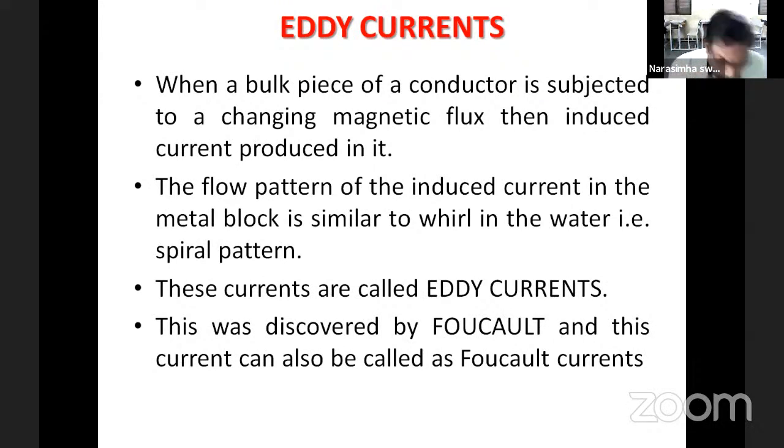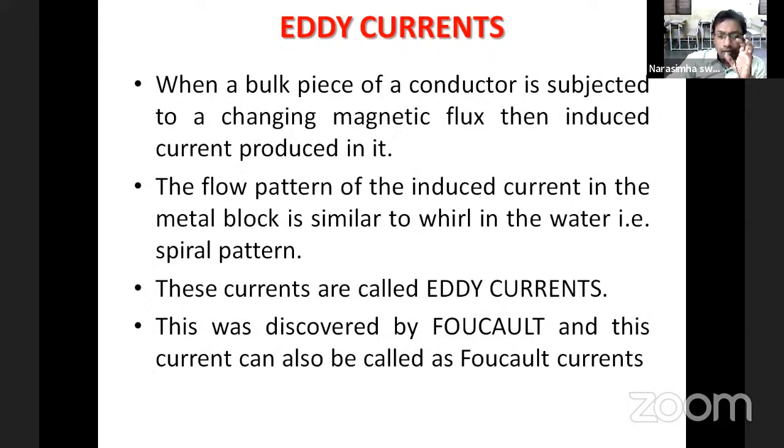Remember, I'll tell you. In a conductor or in a metal block, all the electrons are free. Mostly in conductors, there will be lots of free electrons present. With no external field, these free electrons move in random directions.